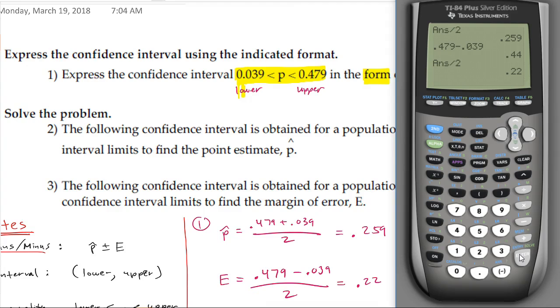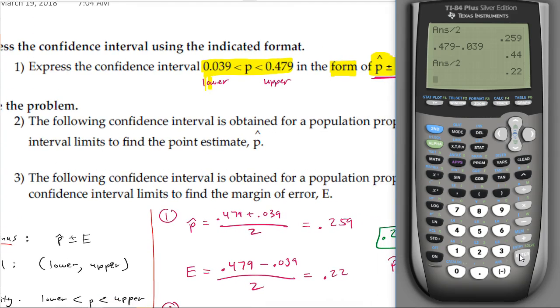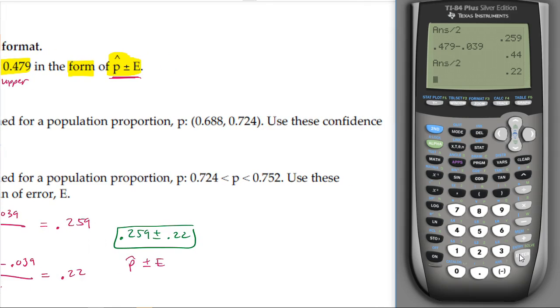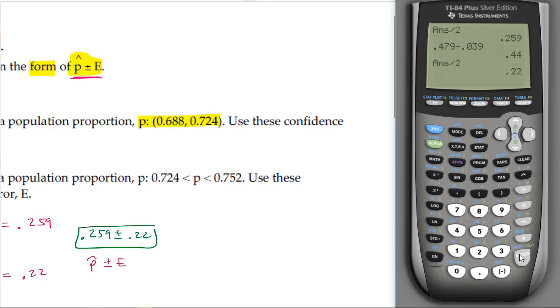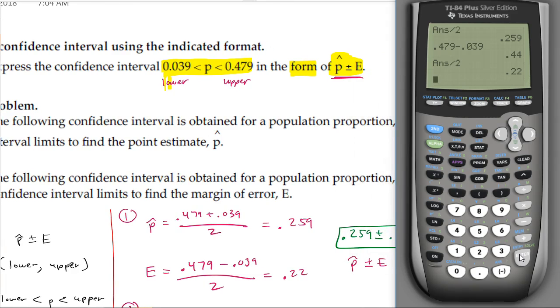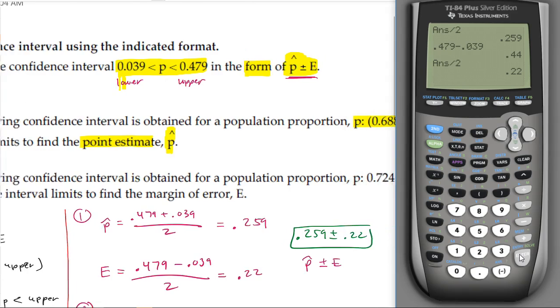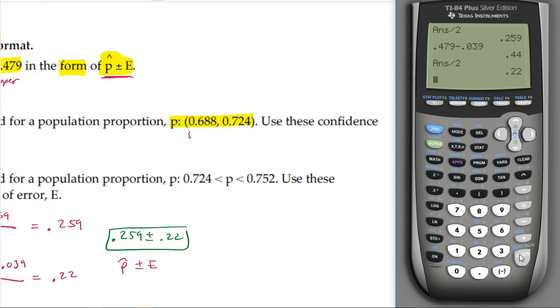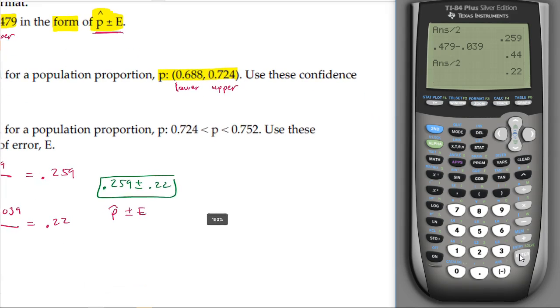Number 2 says the following confidence interval is obtained for a population proportion. So here's the confidence interval. Use these confidence interval limits to find the point estimate p hat, the sample proportion. In interval format, this is the lower limit, and this is the upper limit of the confidence interval.